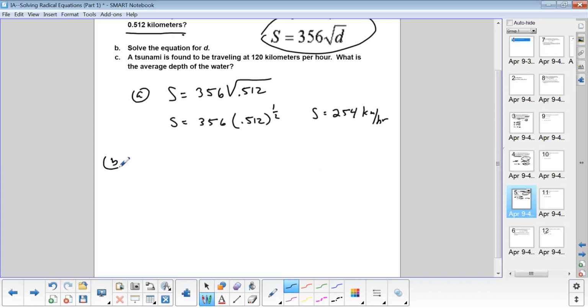So part B says, we'll take this equation, speed equals 356 times the square root of d, and solve it for d. Well, we also know, as we showed up here in the line above, that it could be written as d to the 1/2 power.